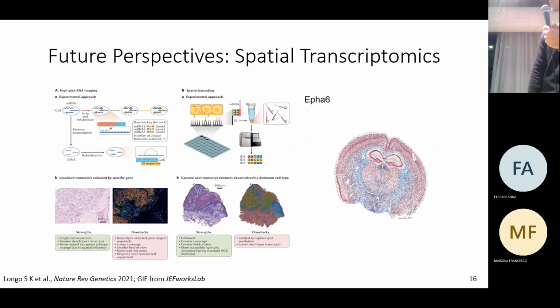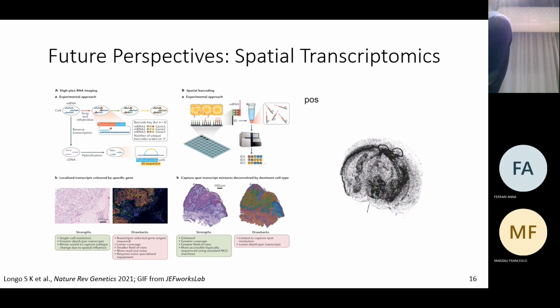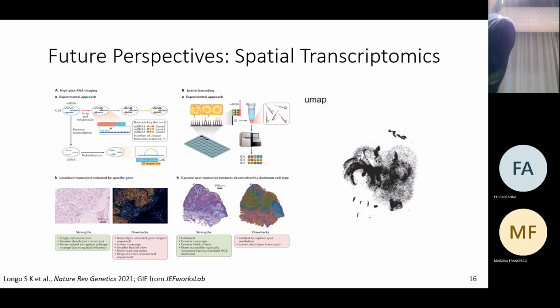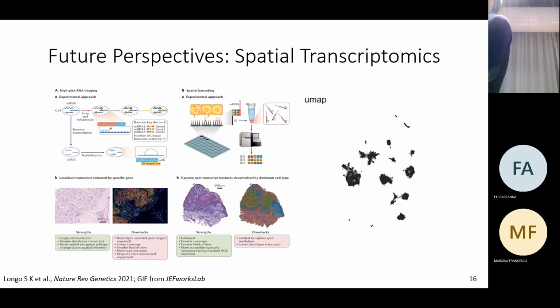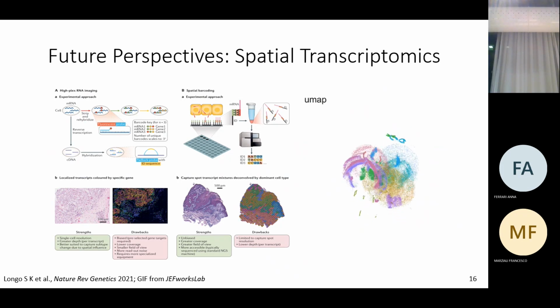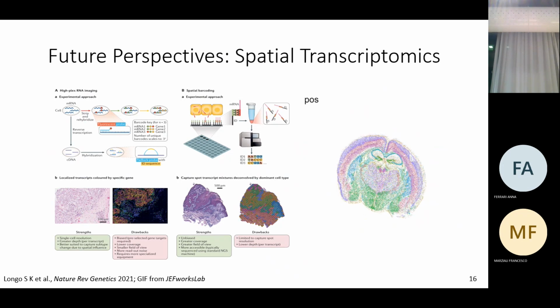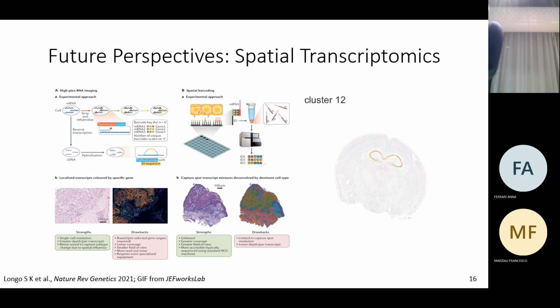I'm going to leave you with something interesting, a new perspective on this tumor: spatial transcriptomics. So if you look at this sample, what if you were able to do single-cell RNA-seq, but not in cell suspensions, retaining information of the position of cells in the tissue? Here you got clusters of RNA-seq, but also you can see where its position is in the original slide.